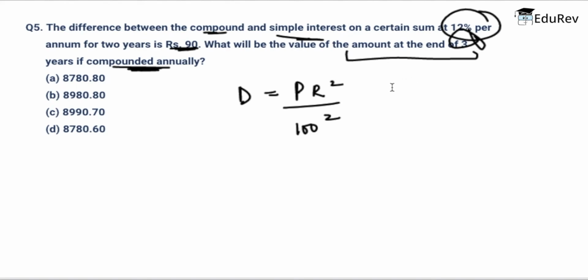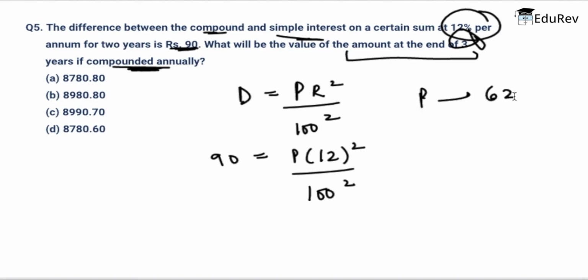Now putting the values into the equation, we will find that 90 equals P times 12 square upon 100 square. So P is going to be 6250.